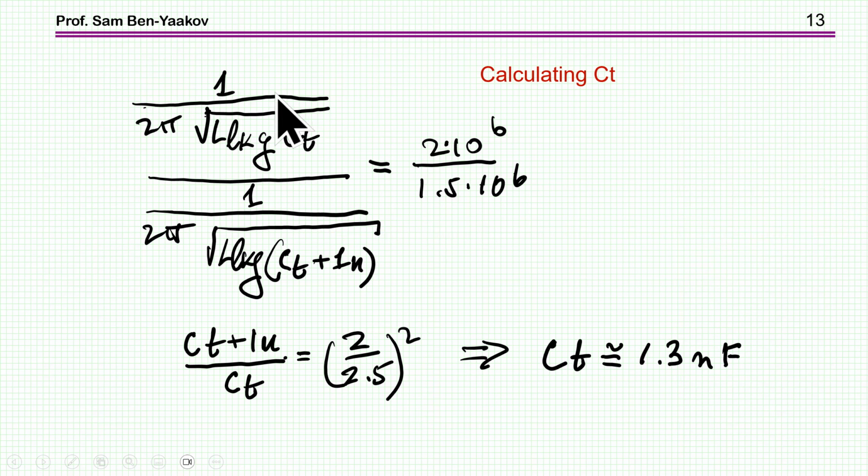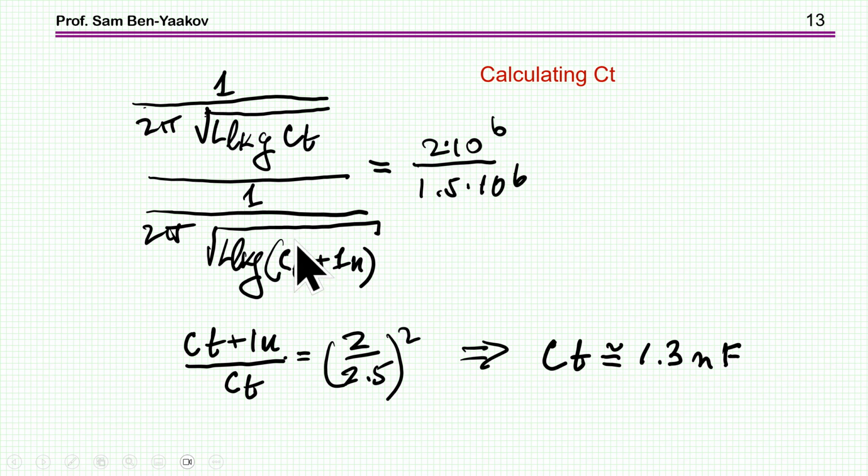So the resonant frequency before adding the capacitor is 1 over 2 pi square root of the leakage and the total capacitance. And then after adding, it will be the same plus 1 nanofarad. And therefore, the ratio here is the ratio of the frequencies that I've measured, 2 megahertz and 1.5 megahertz.